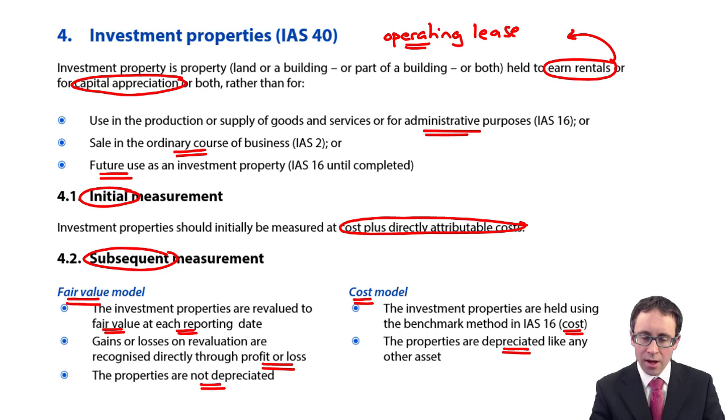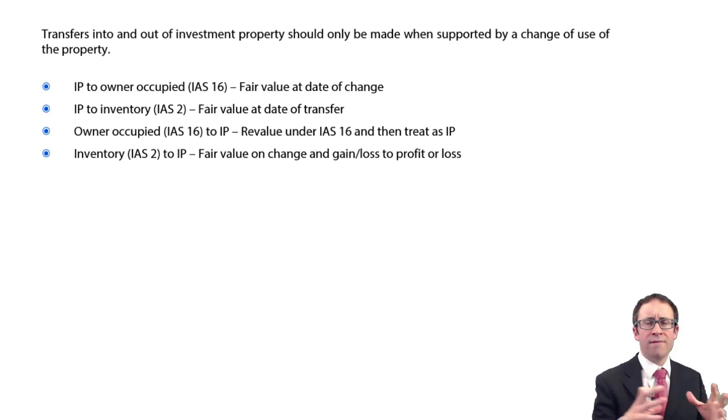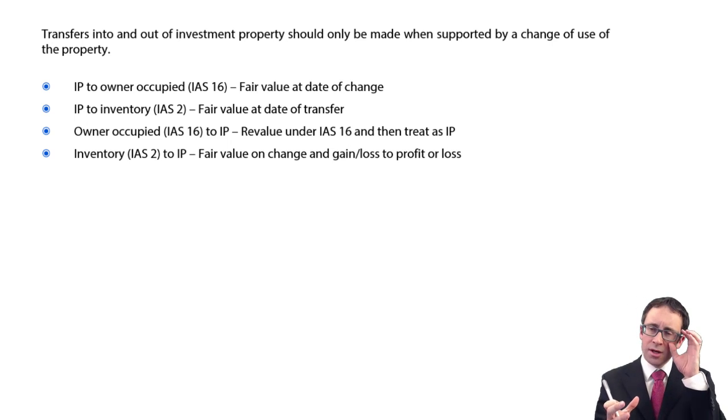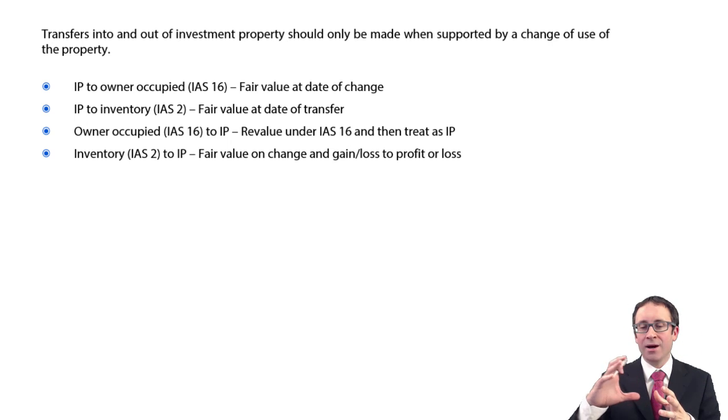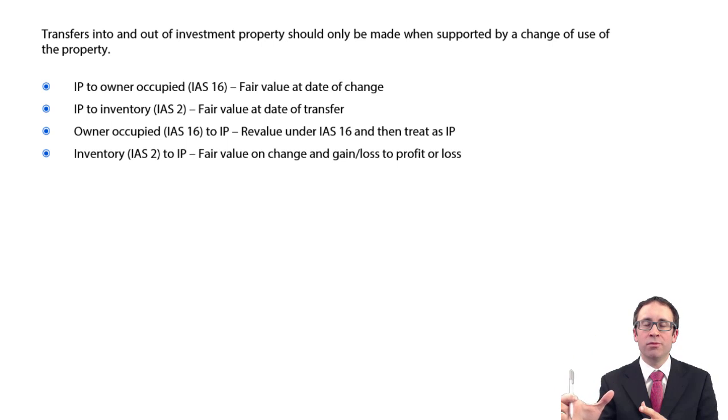They're the rules. There are some additional rules before we go through and look at the example. Just note that we might move things in and out of investment property. So if there's a change of use, maybe you were leasing out a property under an operating lease, so it was investment property.